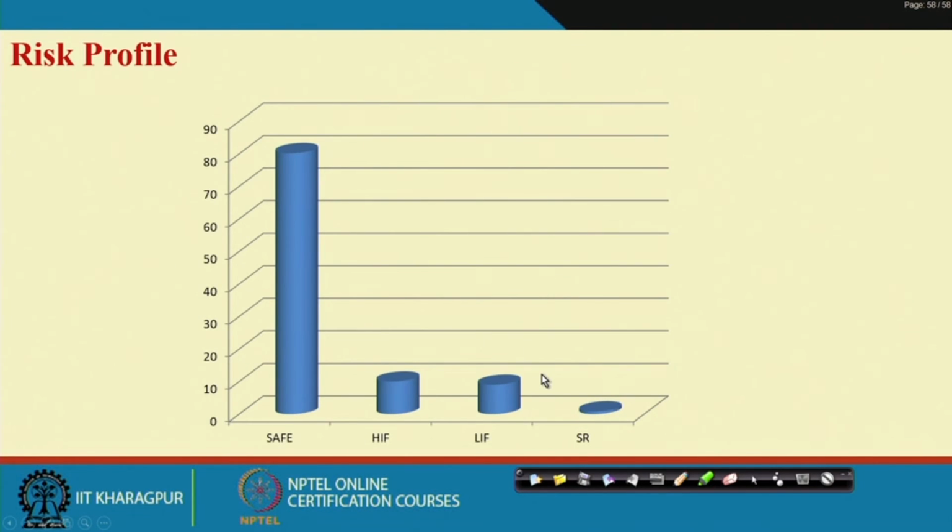So now what happened? Once you have the end scenarios, here safe situation, high impact fire, low impact fire, and this is basically small release, then these are the accident scenarios, and this side is likelihood.